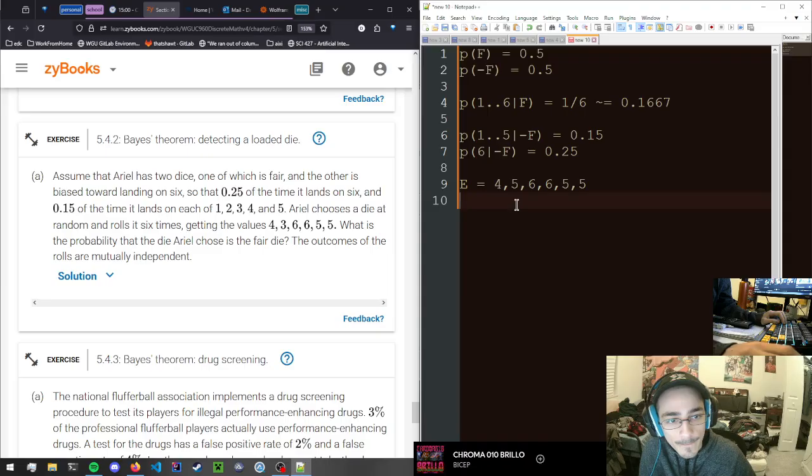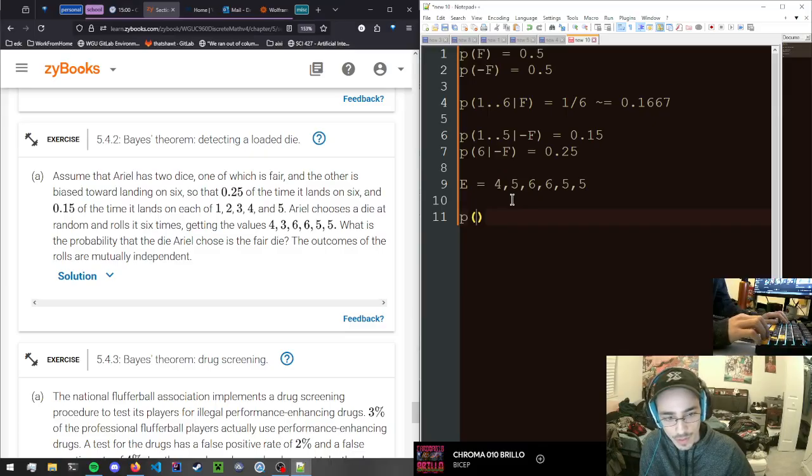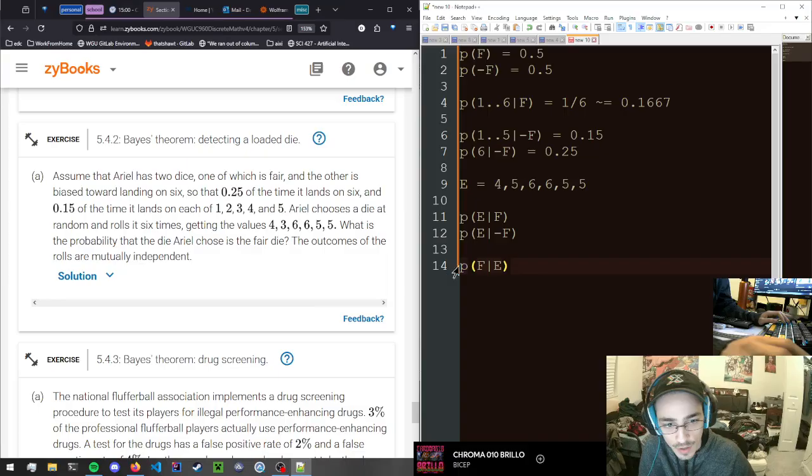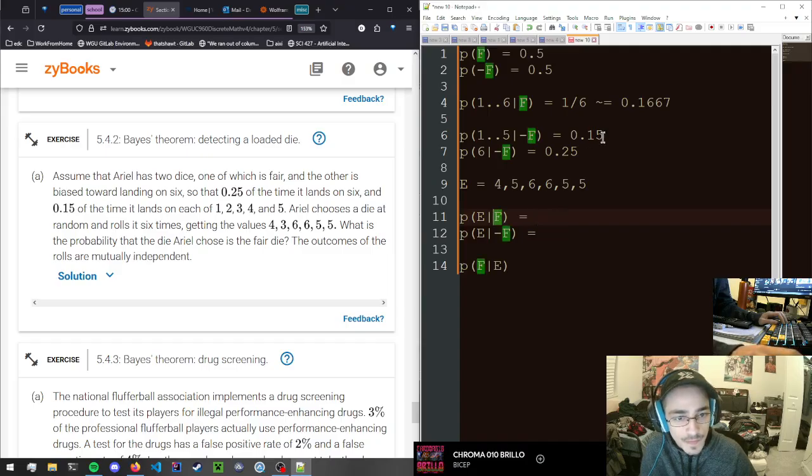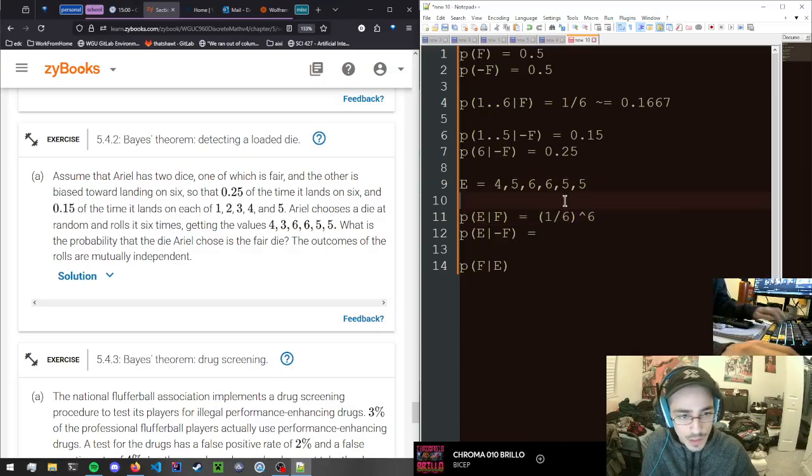Yeah, so that's the event. So what is the probability of events given fair, not fair, and then we want to calculate what is the probability that the dice is fair given the event occurs. So given that it is a fair dice, we just do 1 over 6. Alright, 1 over 6 to the 6.